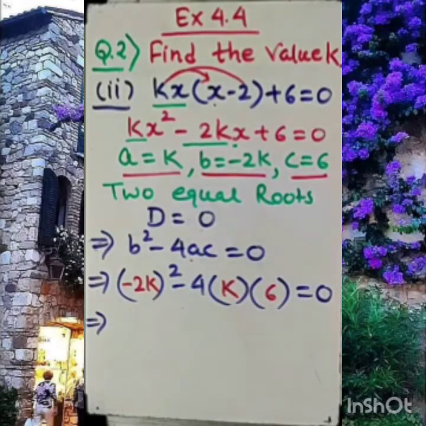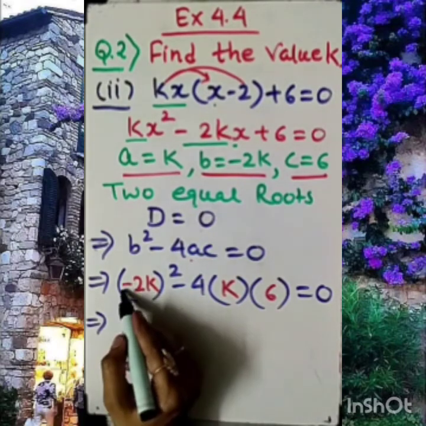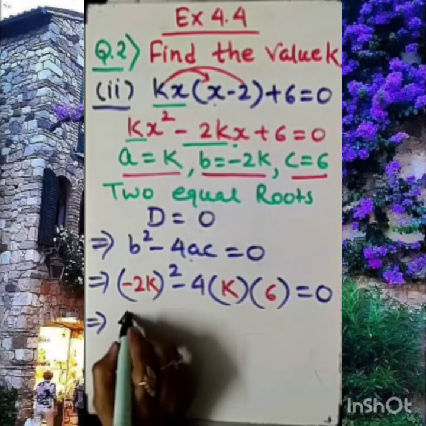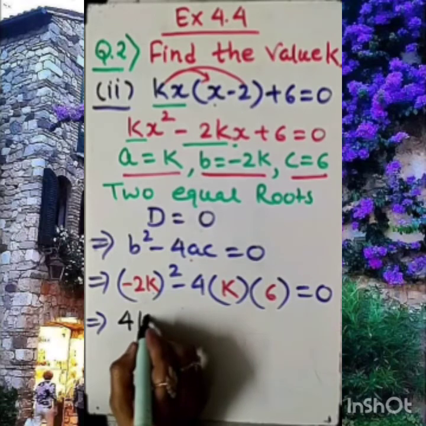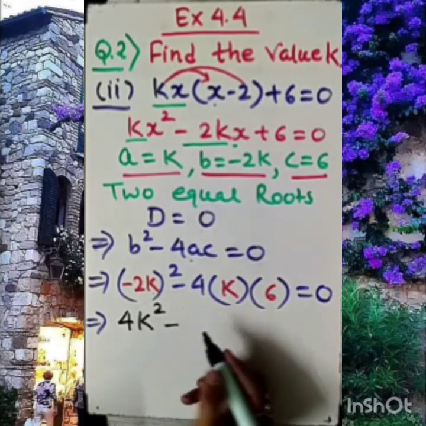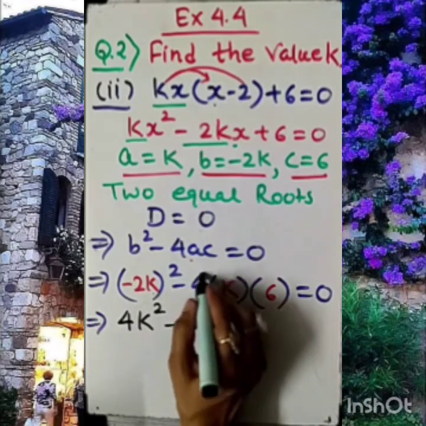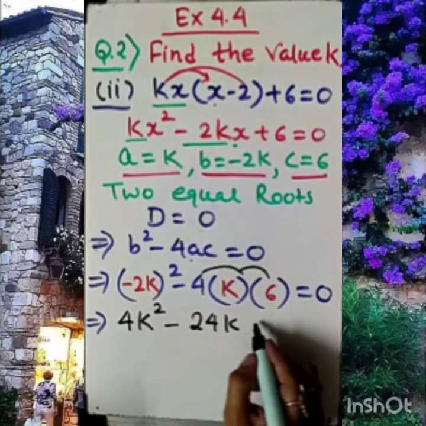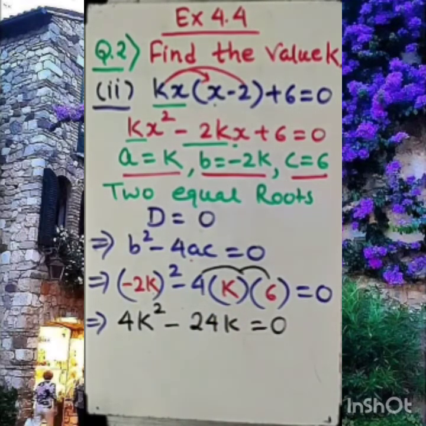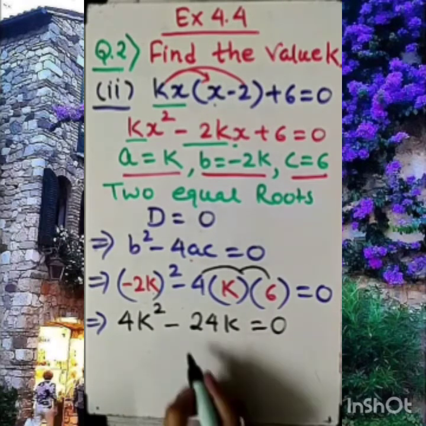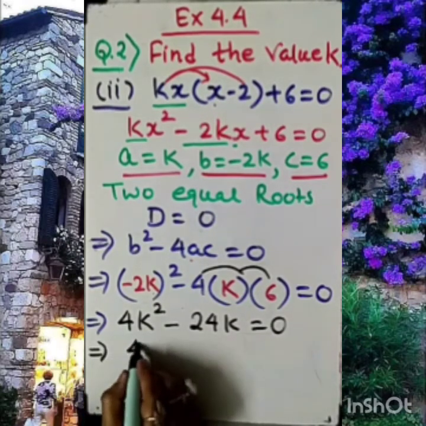Okay. Now, minus squared will be plus, 2 square is 4, so 4k square. Then minus 4 into k into 6, that is 24k, equal to 0. So in such a case, I am taking out 4k common.